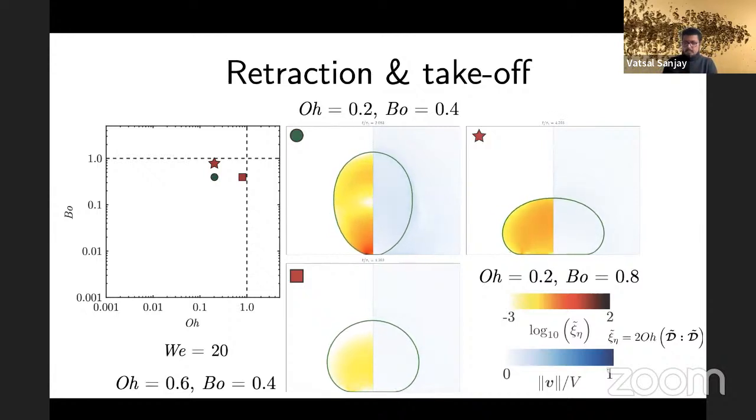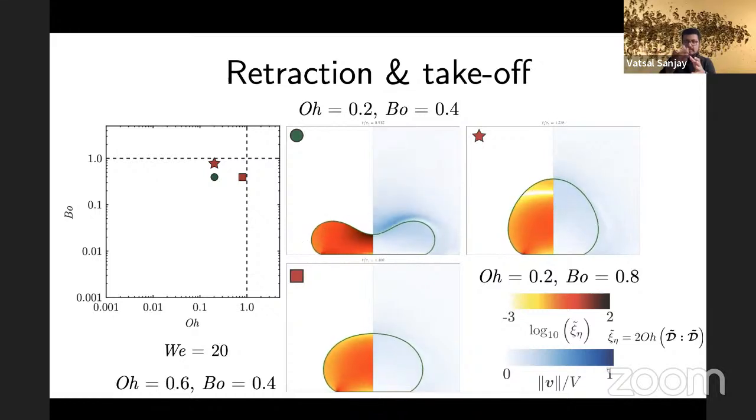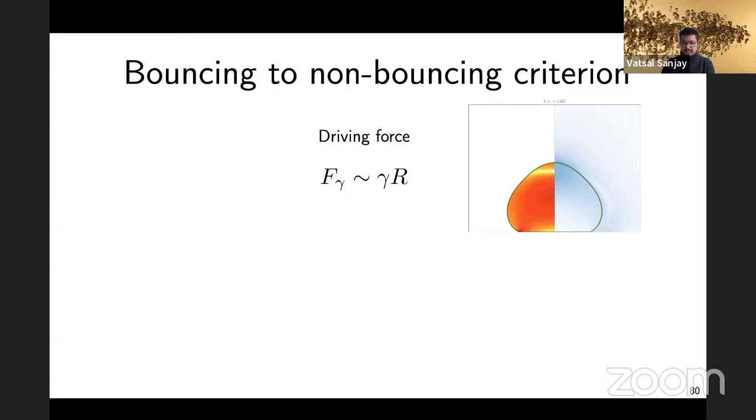In the second stage, the retraction and takeoff stage, the driving force is capillary, because we have a surface energy which is quite high because of this pancake-shaped droplet, and hence the driving force is capillarity, which we can give by this scale of gamma times r.